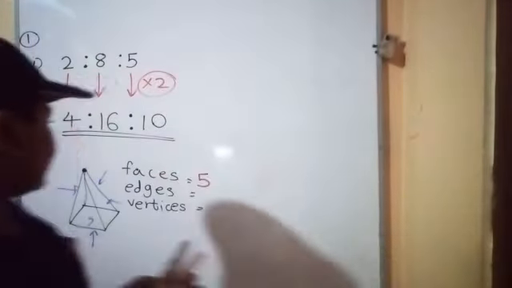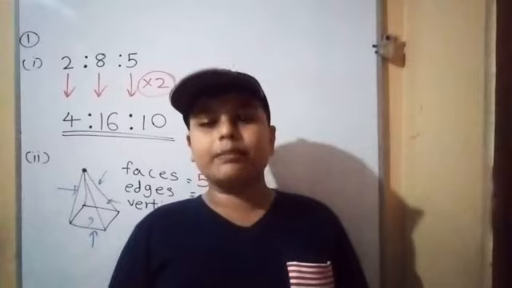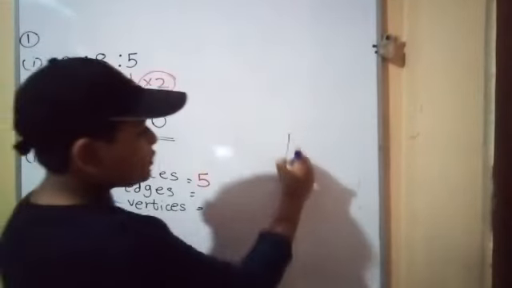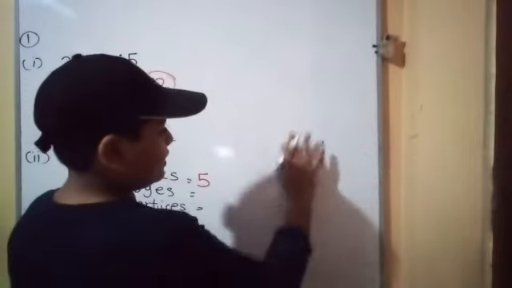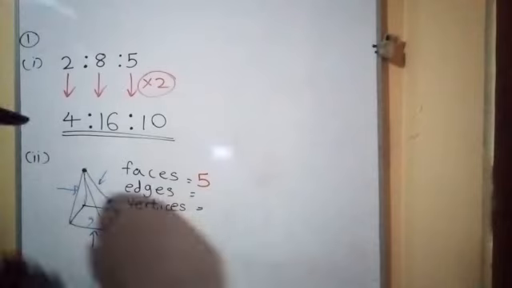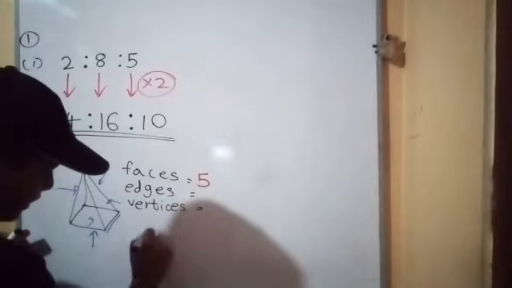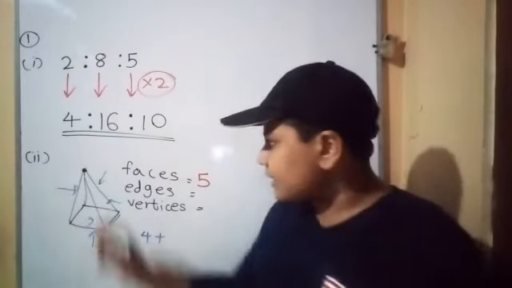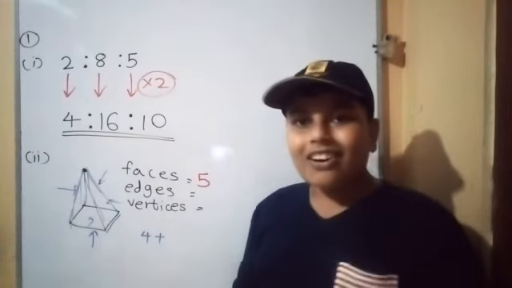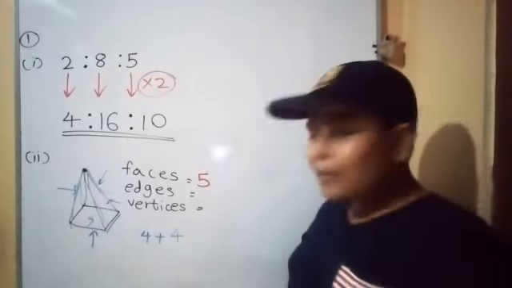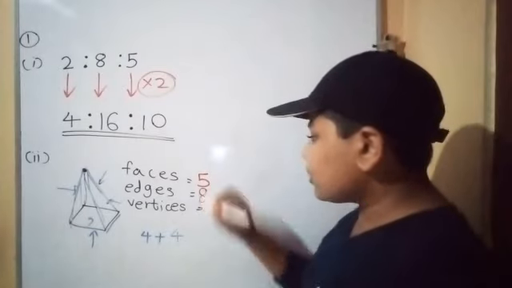Now the edges. How many edges are there? The square has 4 edges. Plus, how many edges are in the triangular part? 1, 2, 3, 4. So 4 plus 4 is 8. They have 8 edges in this square pyramid.